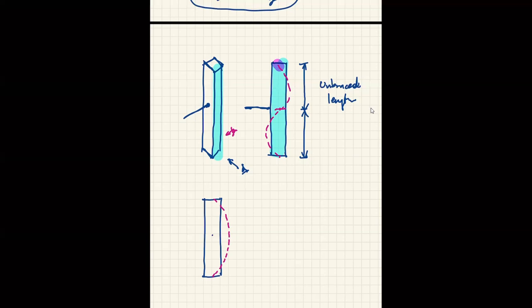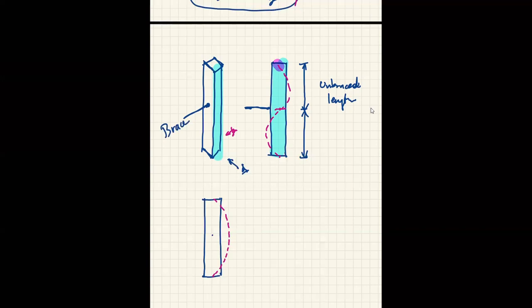Now this axis has help. So when it is going to buckle, the unbraced length becomes the length between the supports. I should add, I'm trying to make this as clear as possible. This is the brace.